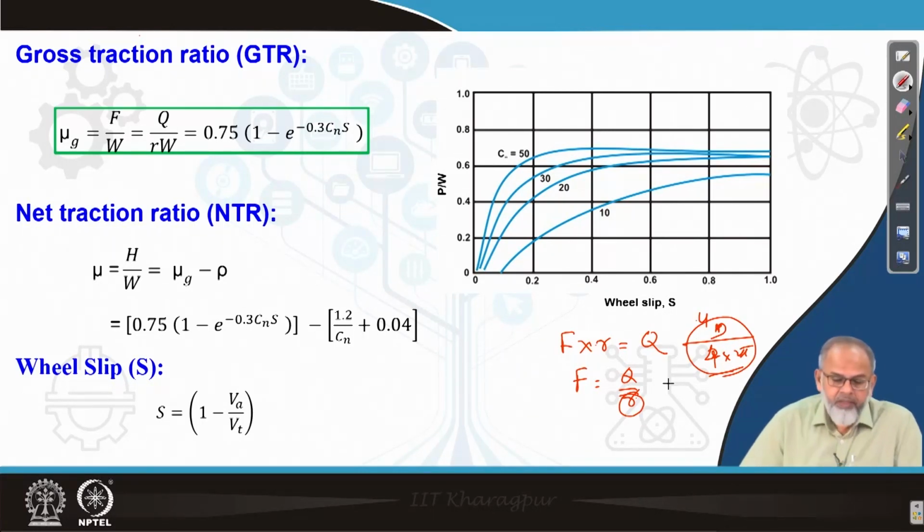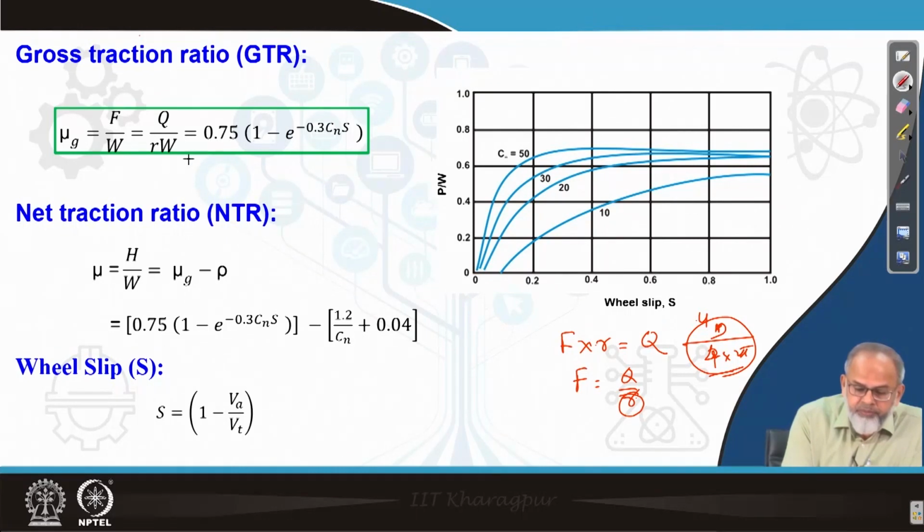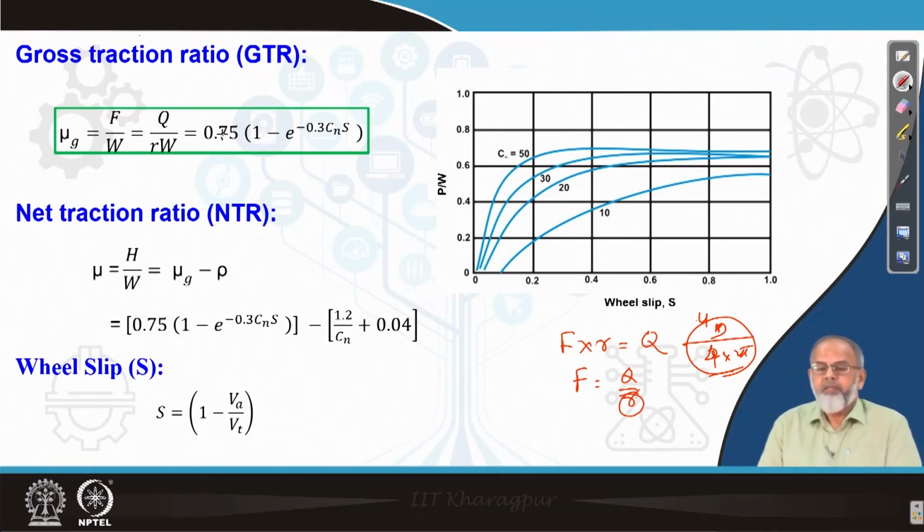Now, Q upon RW, where W is the dynamic weight, is equal to 0.75 into (1 minus e to the power minus 0.3 CnS), where Cn is the wheel numeric and S is the slip.